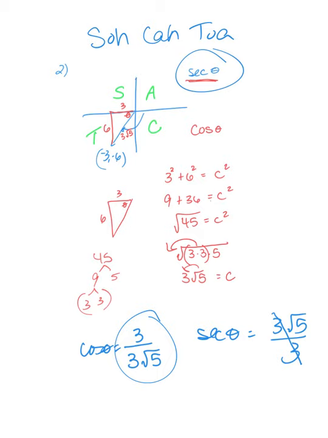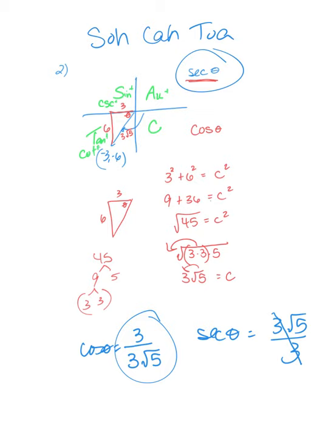okay? So what this means is in the first quadrant, all of the trig functions are positive, okay? In the second quadrant, the sine is positive and also his cousin cosecant is positive. In the third quadrant, tangent is positive and its cousin cotangent is positive.